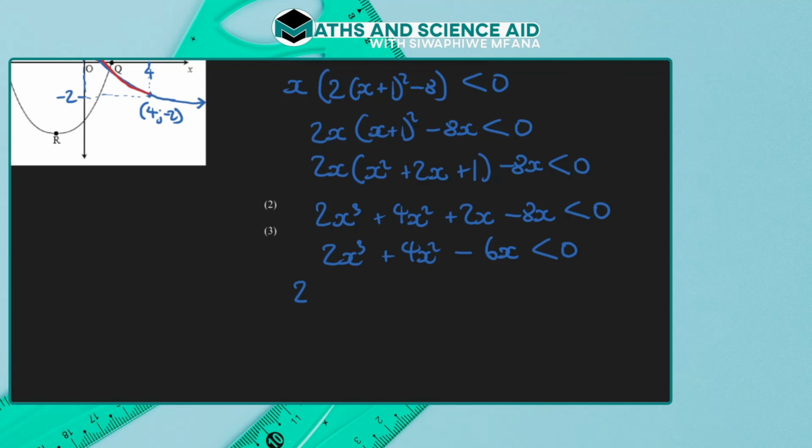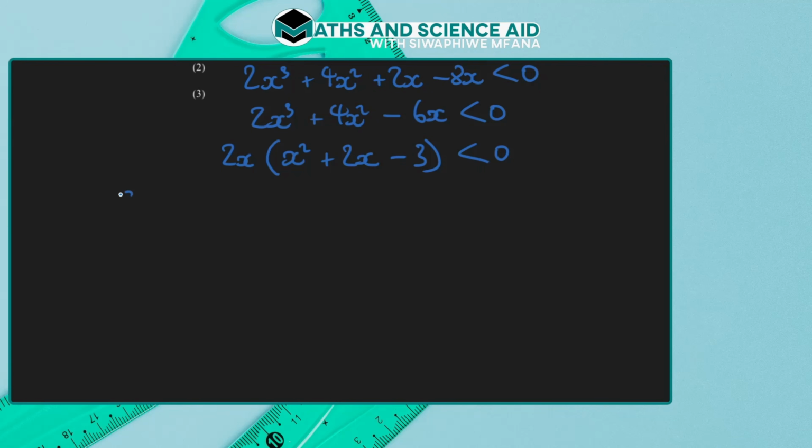So we can take out 2x as a common factor. If we do that, we are going to be left with x squared plus 2x minus 3 less than 0.